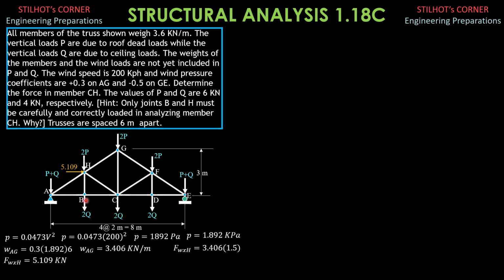Then for the vertical component, it is downward because the coefficient is positive 0.3, and the horizontal projection, or tributary projection, is 1 meter left, 1 meter right, so 2 meters. So this should be multiplied by 2: 3.406 kilonewtons per meter times 2 meters, because at A it's only 1, at G it's also 1 for this component of wind load. So the vertical wind load at joint H is 6.812 kilonewtons.